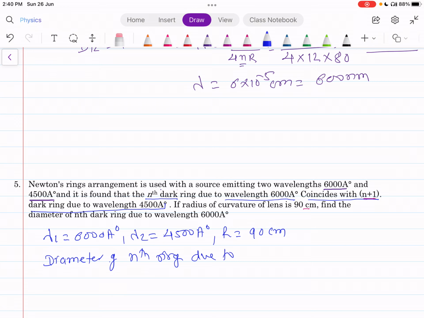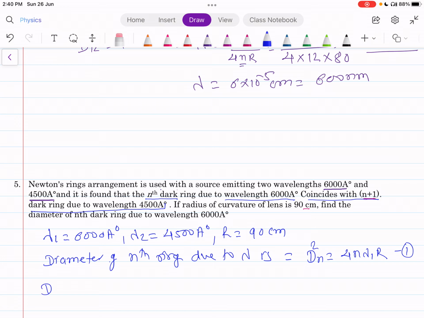So here R is given as 90 cm. The diameter of the nth ring due to lambda 1 is given by diameter square of nth ring is equal to 4n lambda 1 r. This is our equation 1.